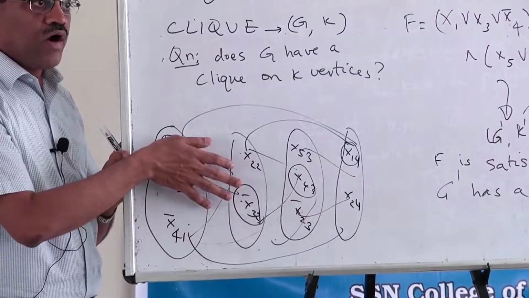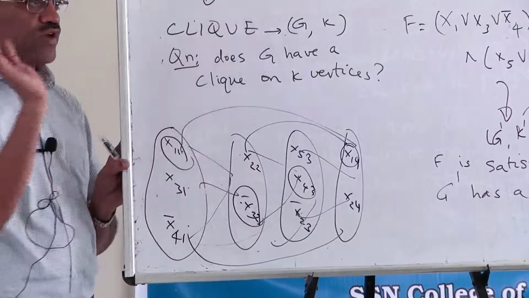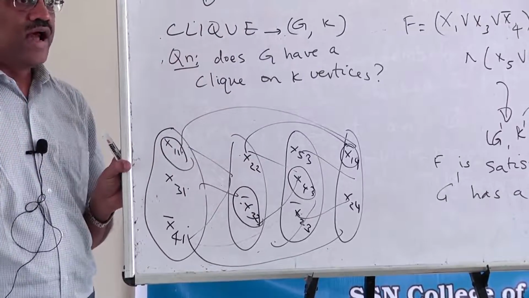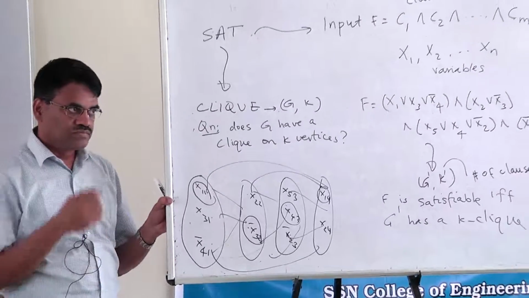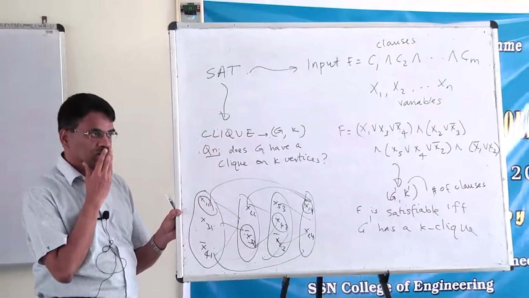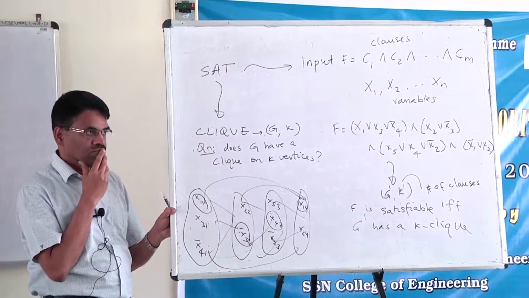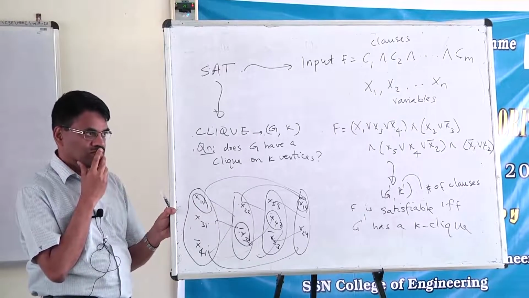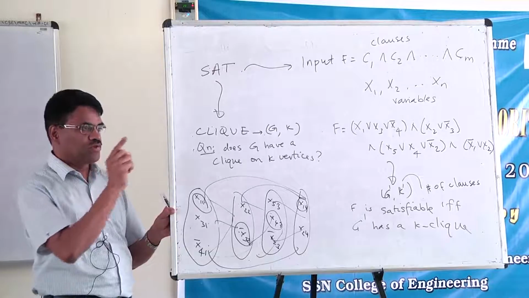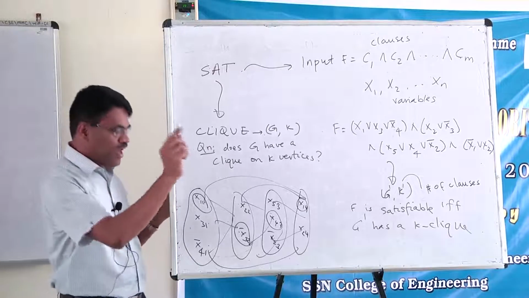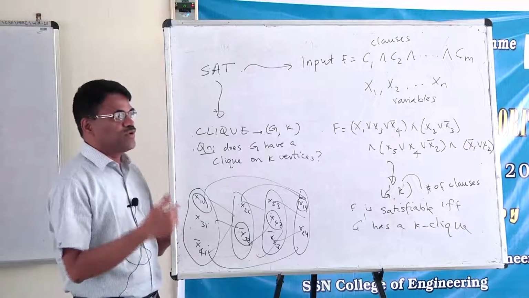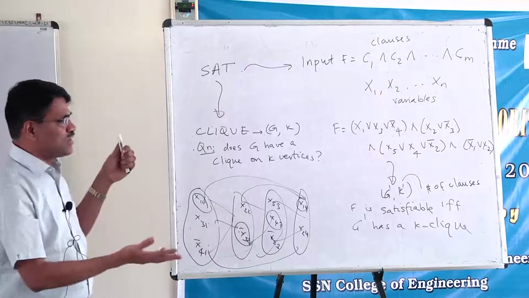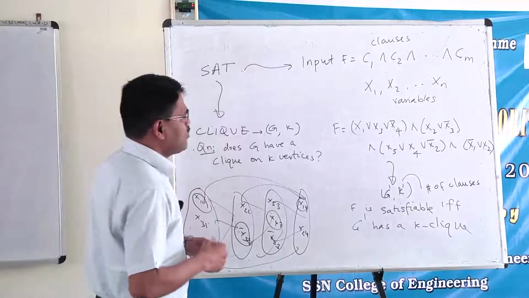Can I always translate it into a satisfying assignment? Right? So here is an attempt for a satisfying assignment. Let's see. You may have gotten what I was going to tell you, but let's see. Here is my attempt to get a satisfying assignment. I just construct an arbitrary graph. How much time have we taken, right?